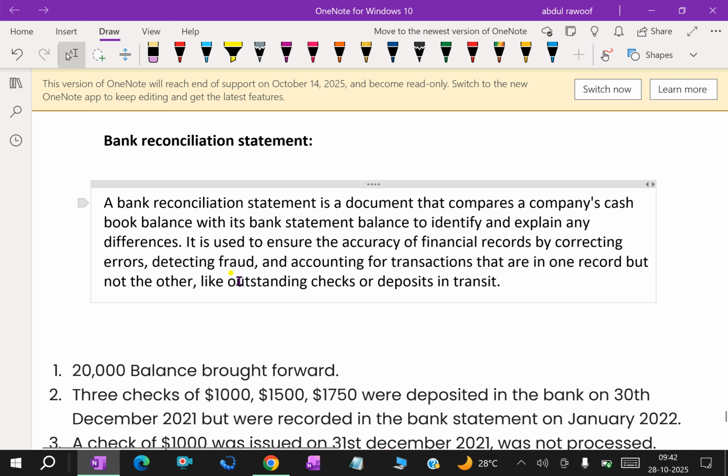It is used to ensure the accuracy of financial records by correcting errors, detecting fraud, and accounting for transactions that are in one record but not the other, like outstanding checks or deposits in transit. That means sometimes checks are issued, but not deposited by the company. That means we have to get the information separately.